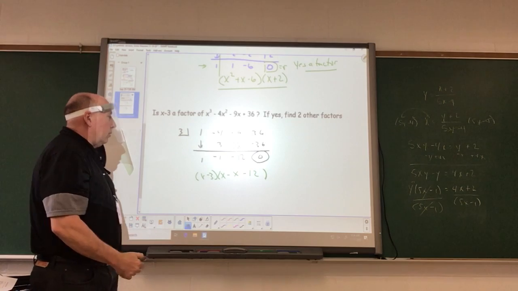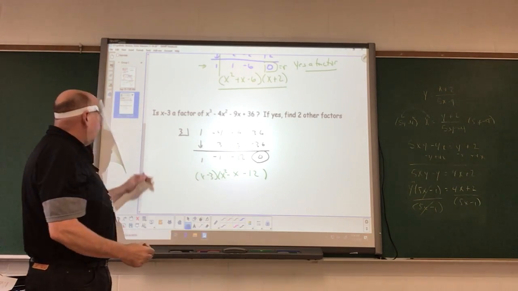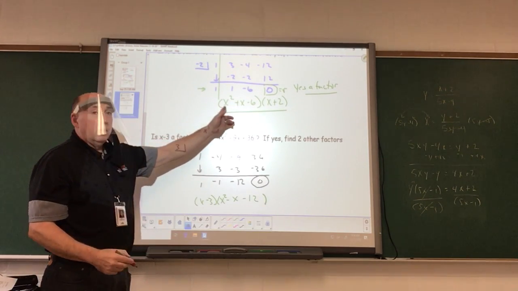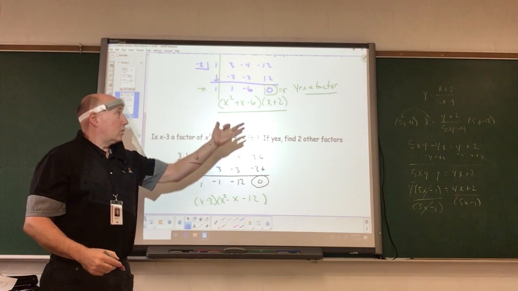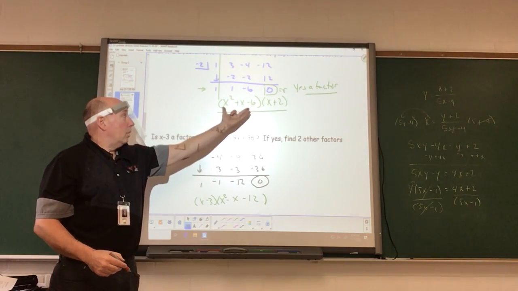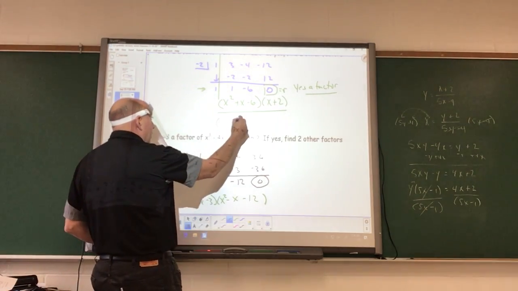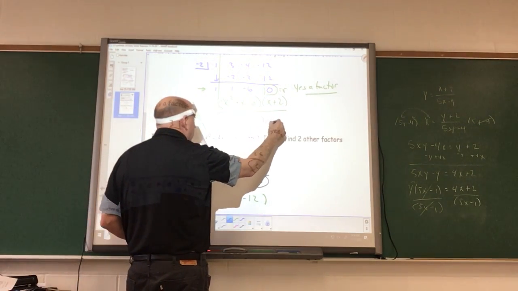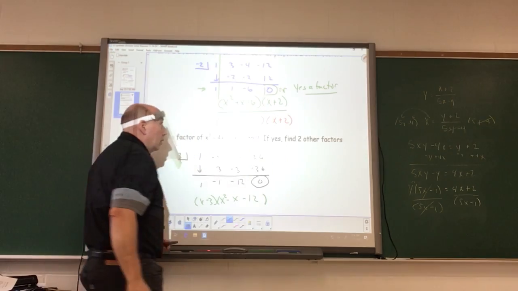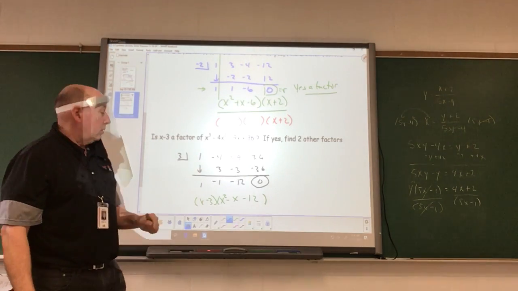Now, since we take both of these down into this, we can find additional factors because I think we can handle x squared plus x minus 6. Can we factor this down to two other factors?